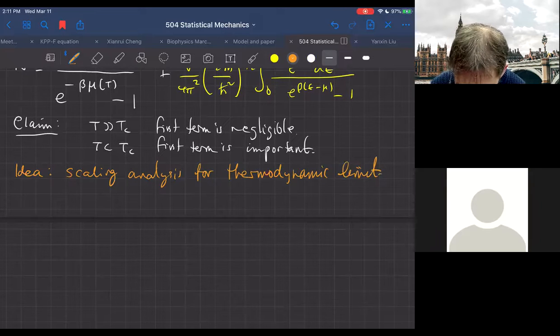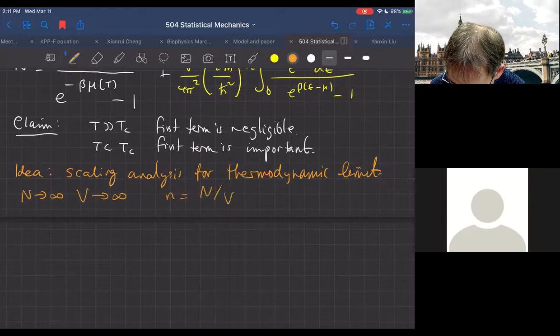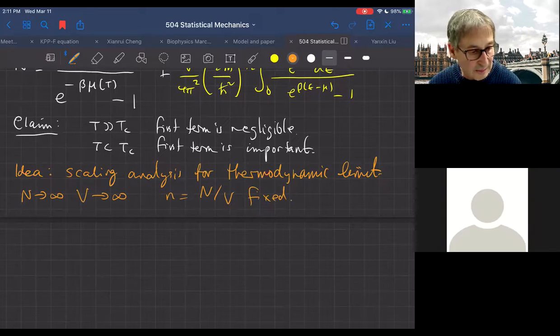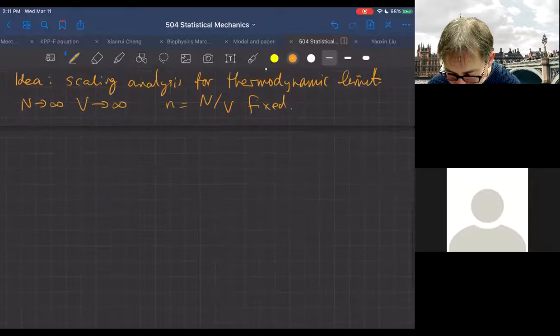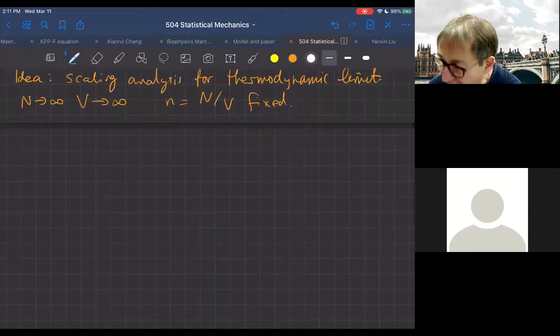What that means is that we're taking N going to infinity, the system size going to infinity, and keeping the density, N over V, fixed. That's the thermodynamic limit we've talked about, and that's how we're going to establish these facts. So let's see how this works.